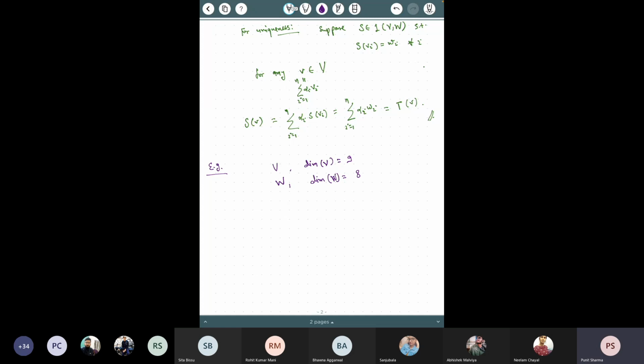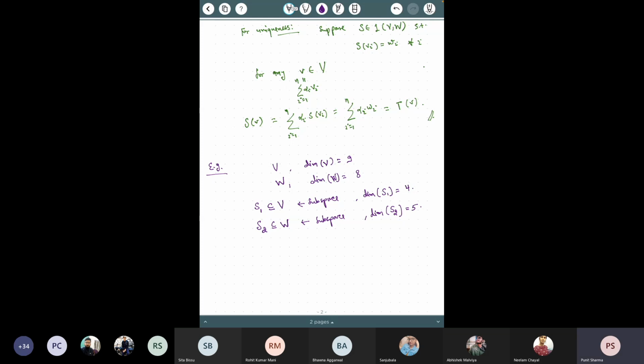Let us take a subspace S1 of V such that the dimension of S1 is equal to 4. And take a subspace S2 of W, and let's say its dimension is 5.